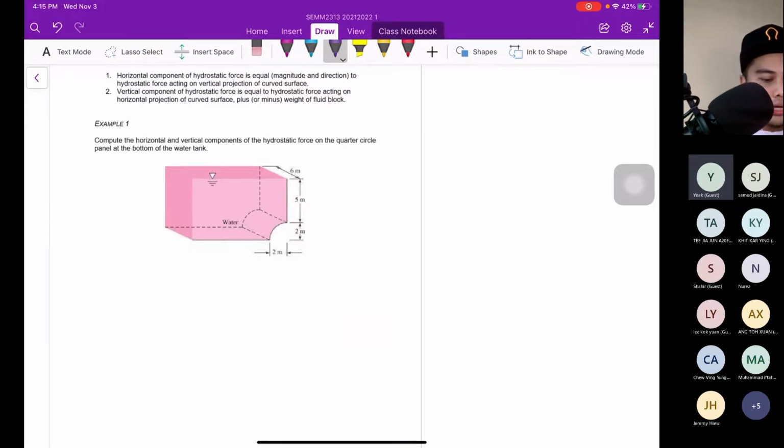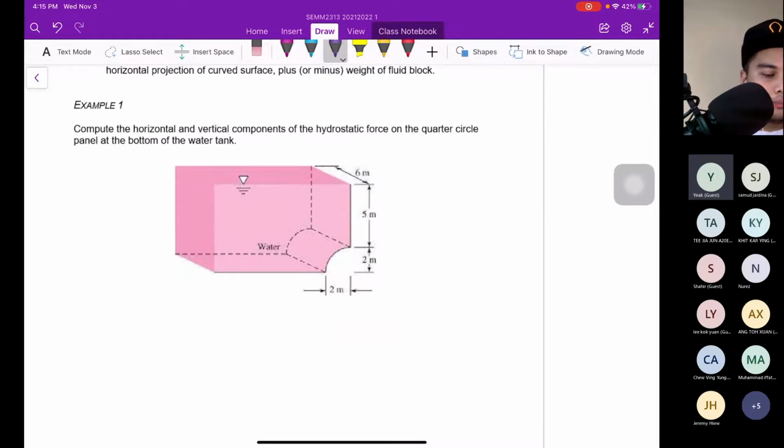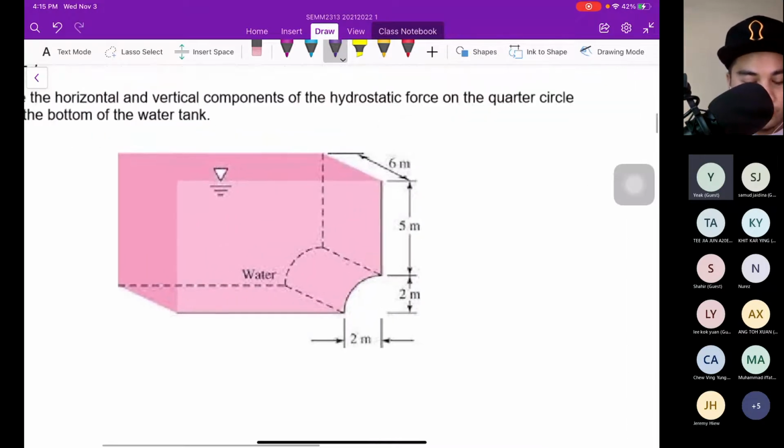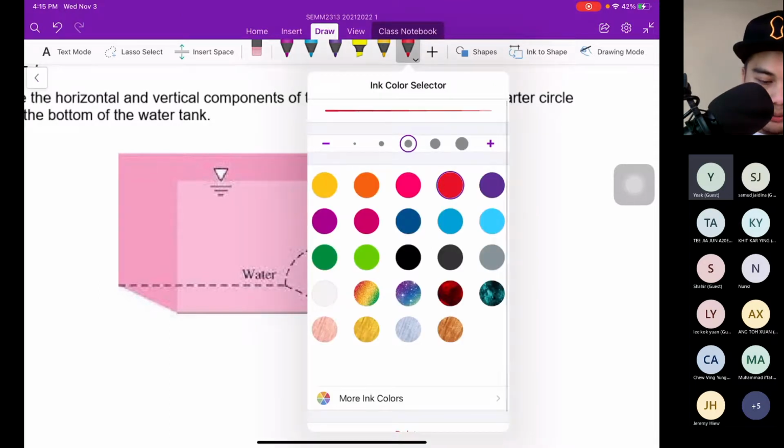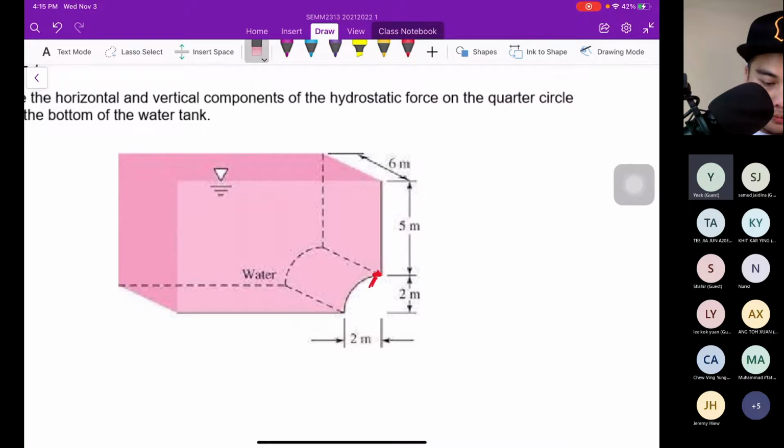Now we have the example: compute the horizontal and vertical components of hydrostatic force on the quarter circle panel at the bottom of the water tank. When you want to solve this question, you must set the projection in horizontal and vertical components. So I set this as the projection, the horizontal and vertical projection.